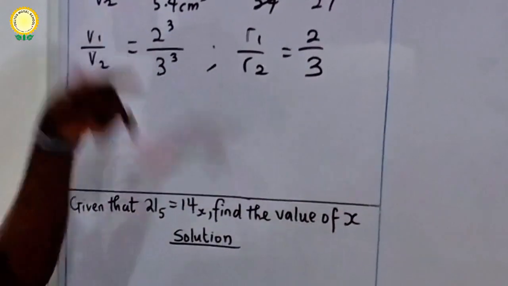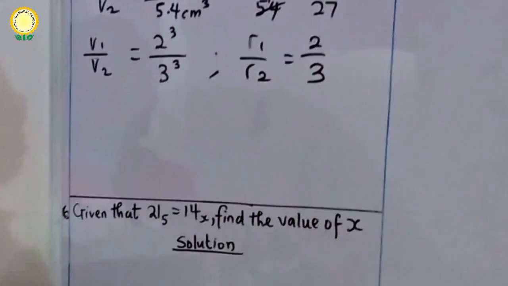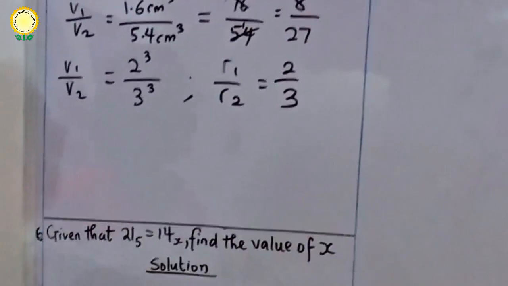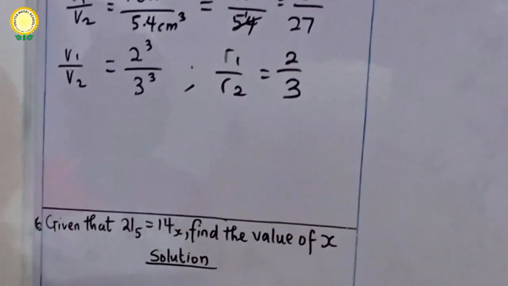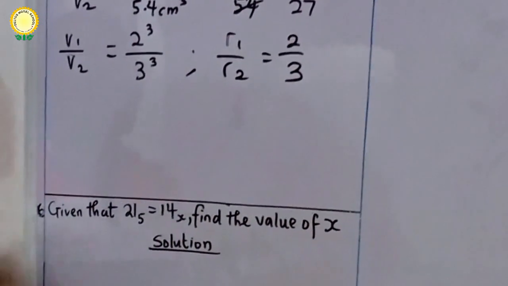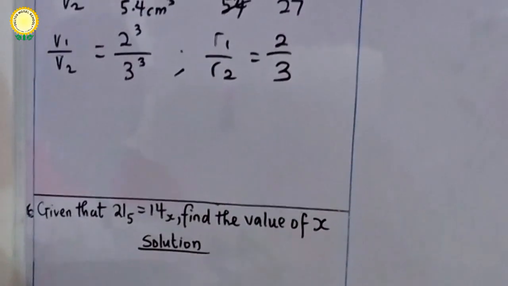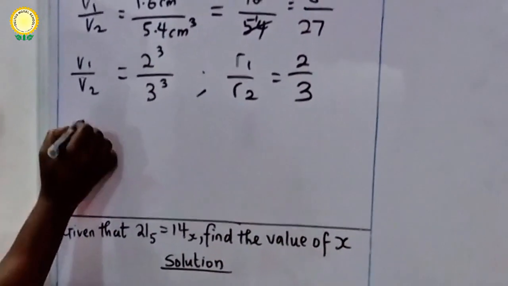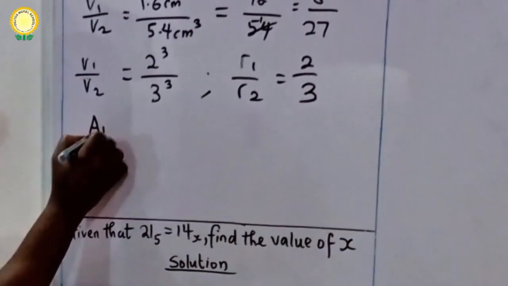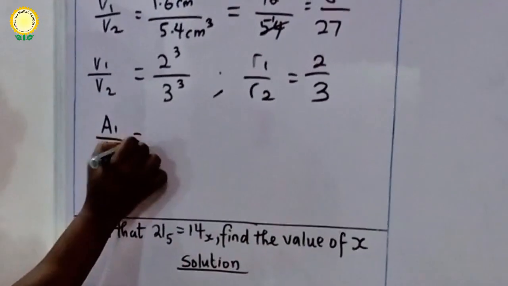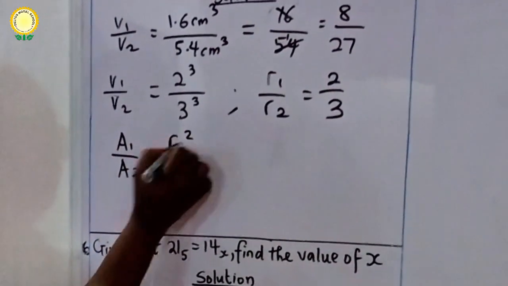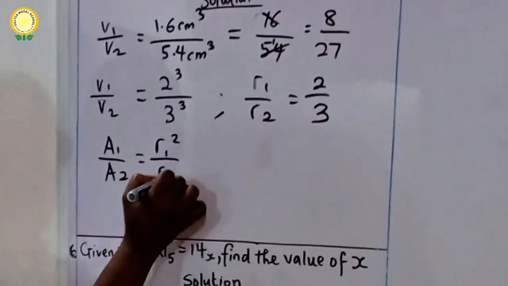Find the ratio of their surface area. So we have found the ratio of the radii. We want to find the ratio of the surface area, and we know that the area depends on the radius squared. So area 1 over area 2 will be R1 squared over R2 squared.